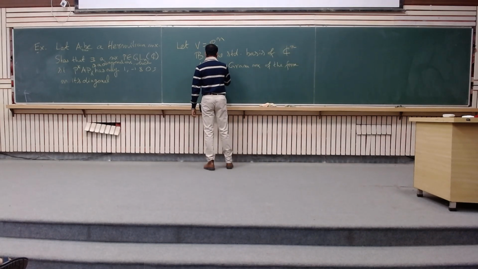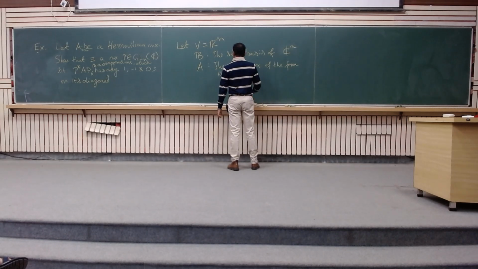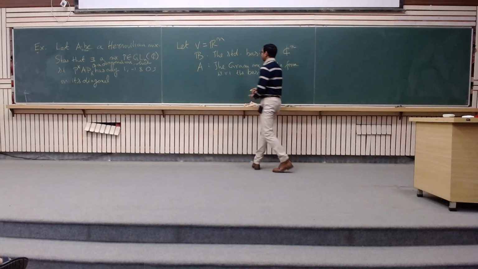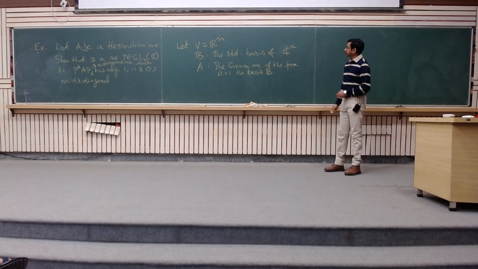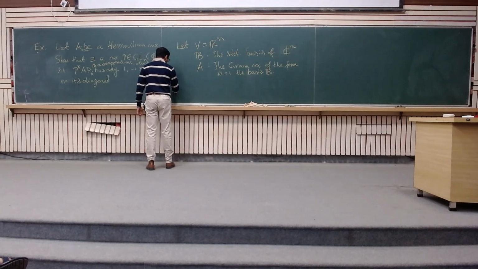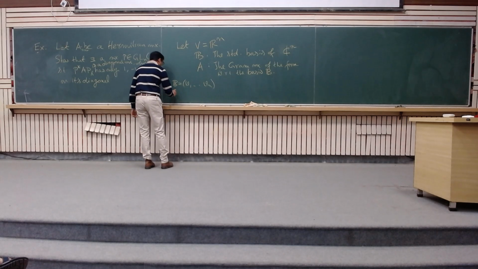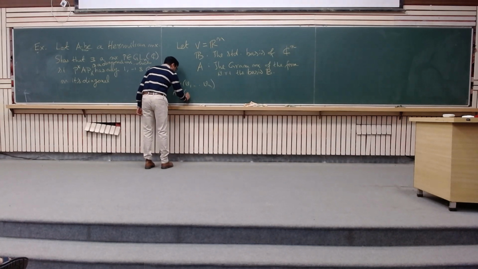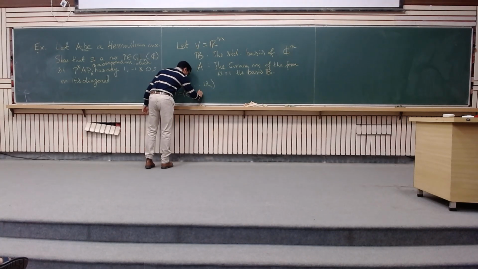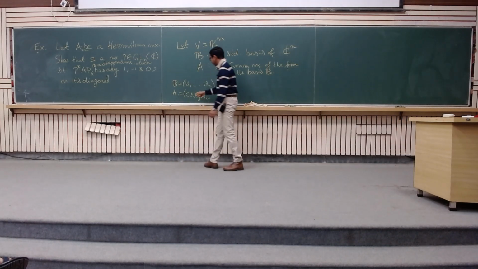The gram matrix of the form with respect to the basis B. Then B is this v1 to vn, which you have chosen already, and A you are defining as the form of vi and vj for all i, j.